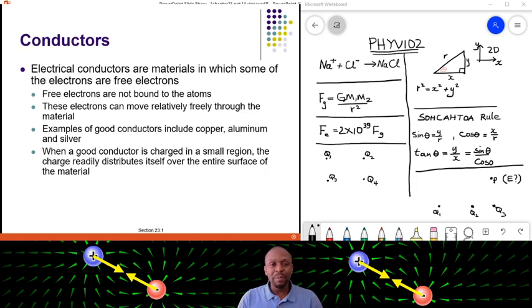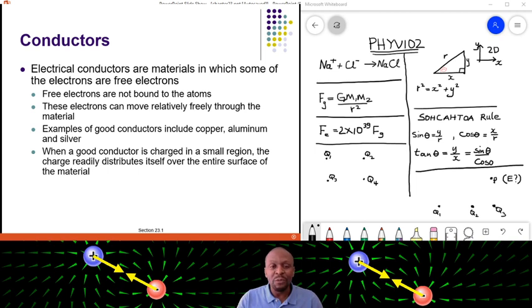Now, let me also introduce you to different types of materials, which are conductors, and you also have insulators, and semiconductors. But let us just start with conductors. Conductors are materials in which some of the electrons are free electrons, and these electrons are free to move throughout the surface of the material.